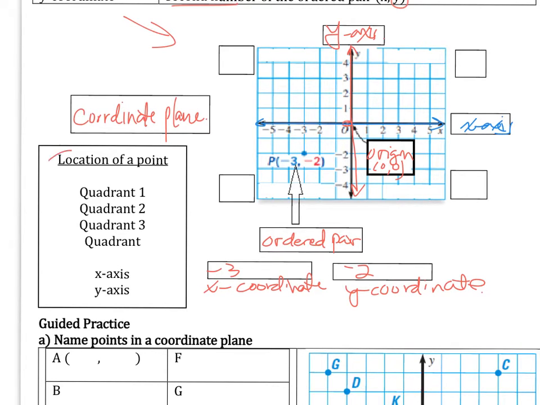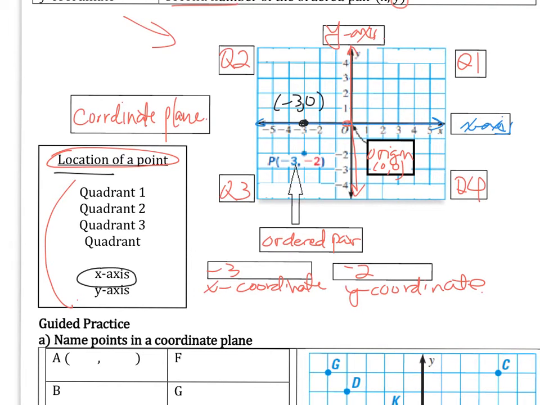And when you're being asked to describe the location of the point, you have the following choices: quadrant 1, quadrant 2, quadrant 3, quadrant 4. If you have, say, a point such as (-3, 0), and you're being asked to describe the location, then you will write x-axis.